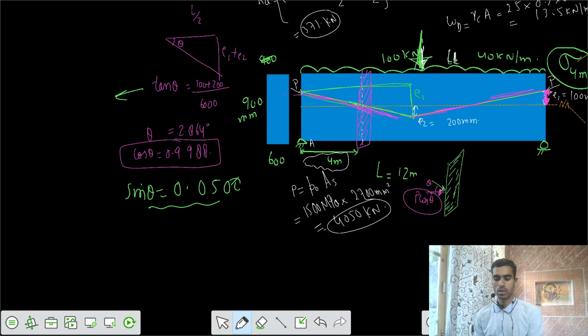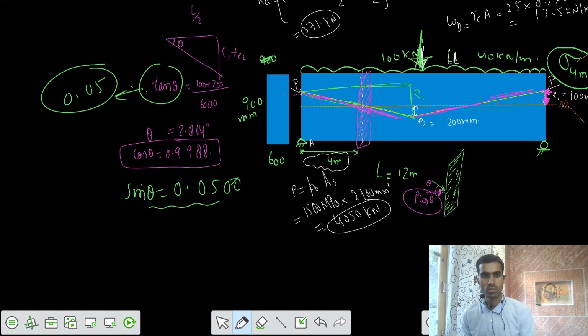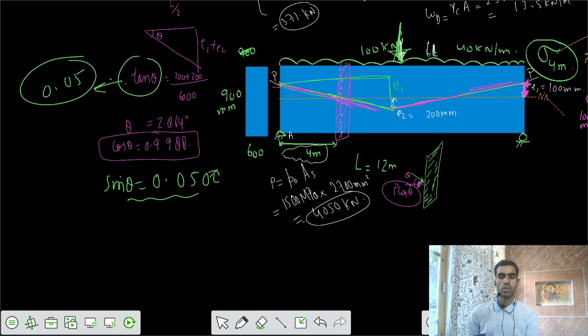Tan theta is also equal to 0.05. For smaller values of theta, sine theta is almost equal to tan theta, so I take the sine theta value as 0.05.